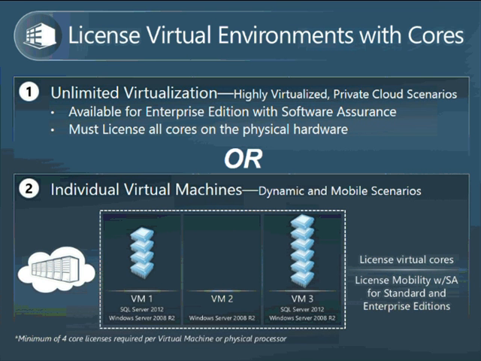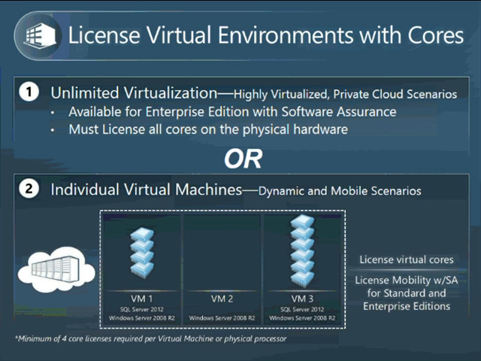For most of our customers here at CDW, however, they do not have that kind of density, and so it makes more sense for them to go to option 2, which is you just license each virtual machine on its own. So in this case, I've got a virtual machine 1 that has SQL Server 2012, and it's got 4 cores assigned to it, another server that has no SQL Server on it, and then a third server that has 6 cores of SQL Server 2012 assigned to it.